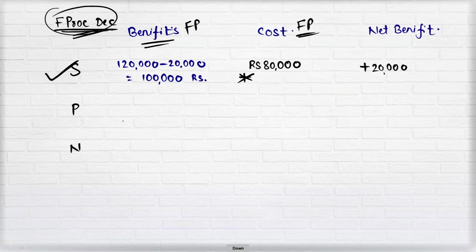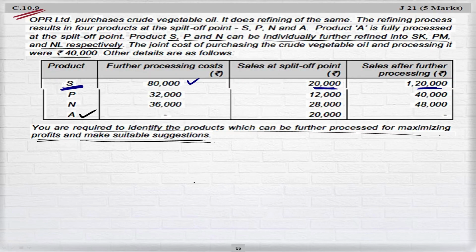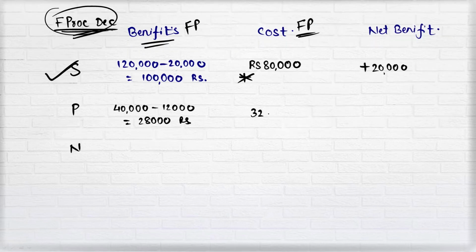P: 40,000 minus 12,000 will be 28,000 rupees. Further processing cost is 32,000. What will be the answer? Negative 4,000. This should not be further processed.